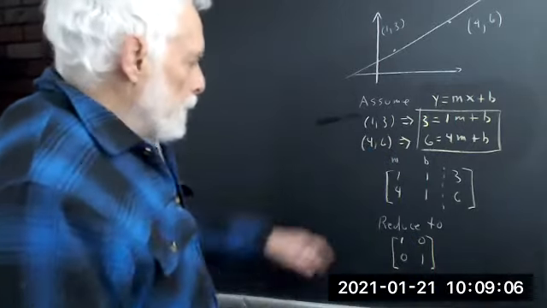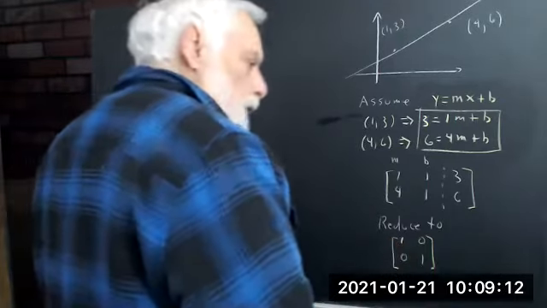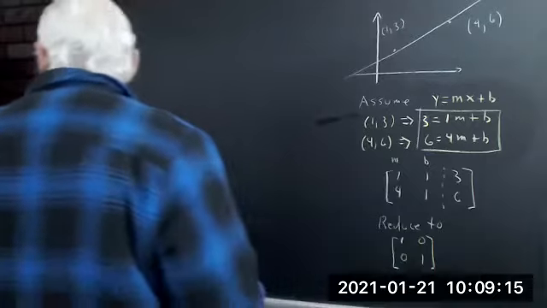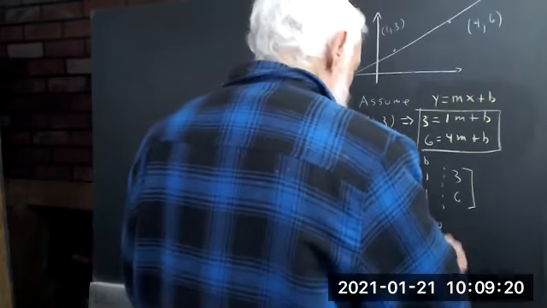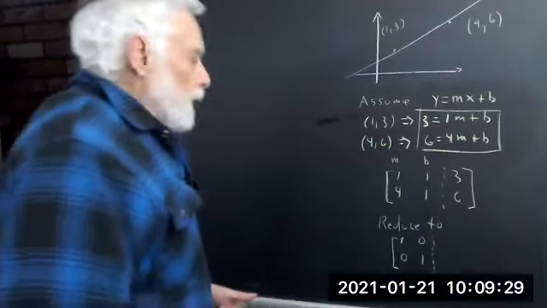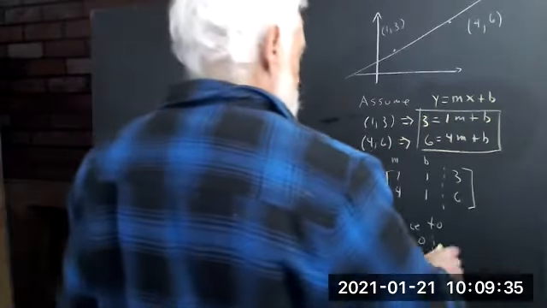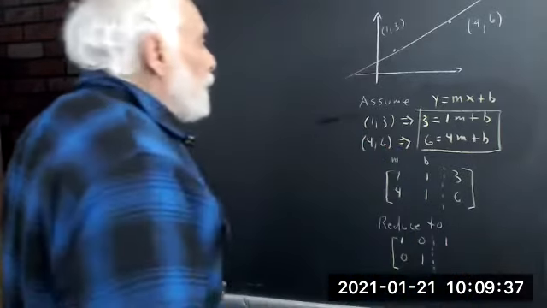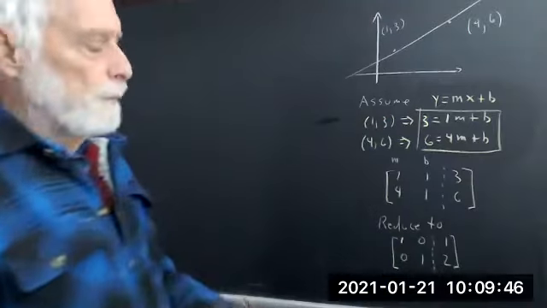And we're going to get a 1, 0, 0, 1. I should close the parentheses. And I'm going to cheat a little bit. We're going to get 1 here, and we're going to get 2 here, I think. Okay.